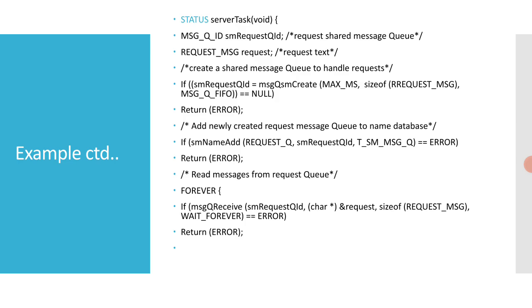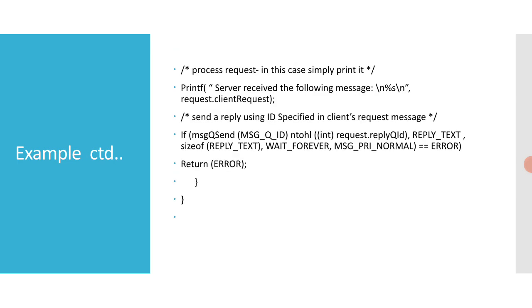And then add the newly created request message queue to the name database and then read a message from the request queue and then process the request like this. Here in this case it is print. Okay, send a reply using the ID specified in the client's request message. So reply_text, that is "server received your request", is the text.